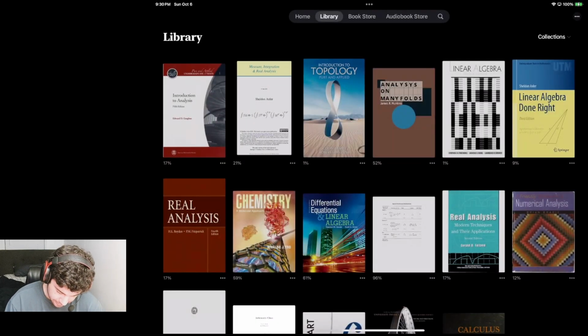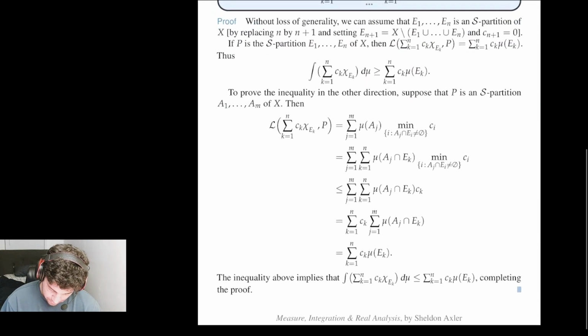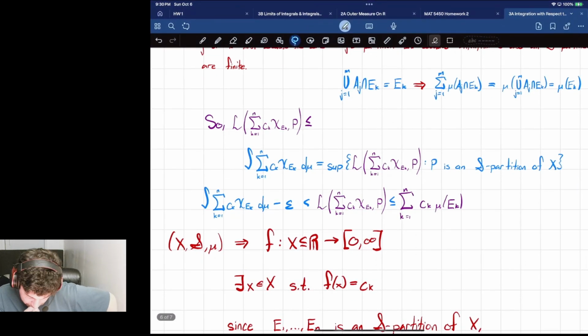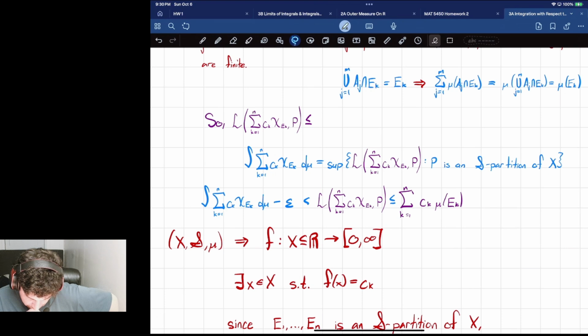I'm trying to get that the integral is less than this sum, or less than or equal to this sum.